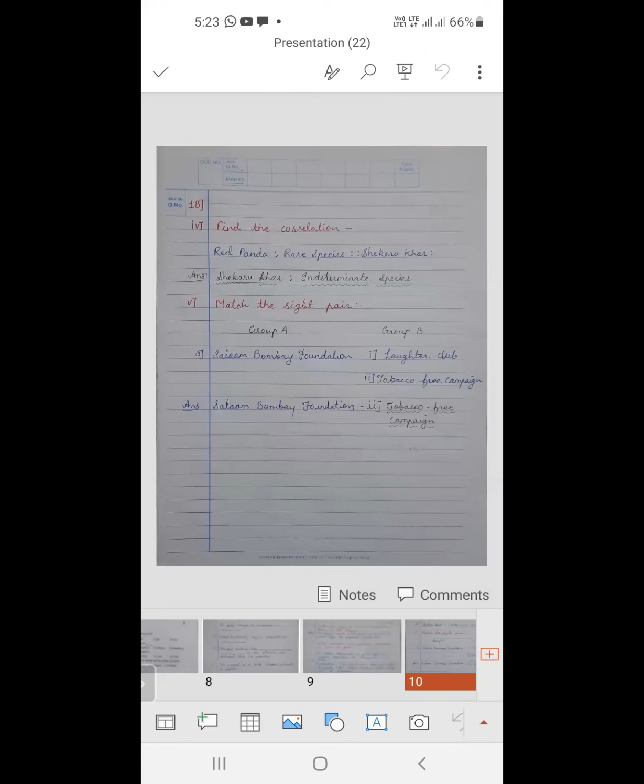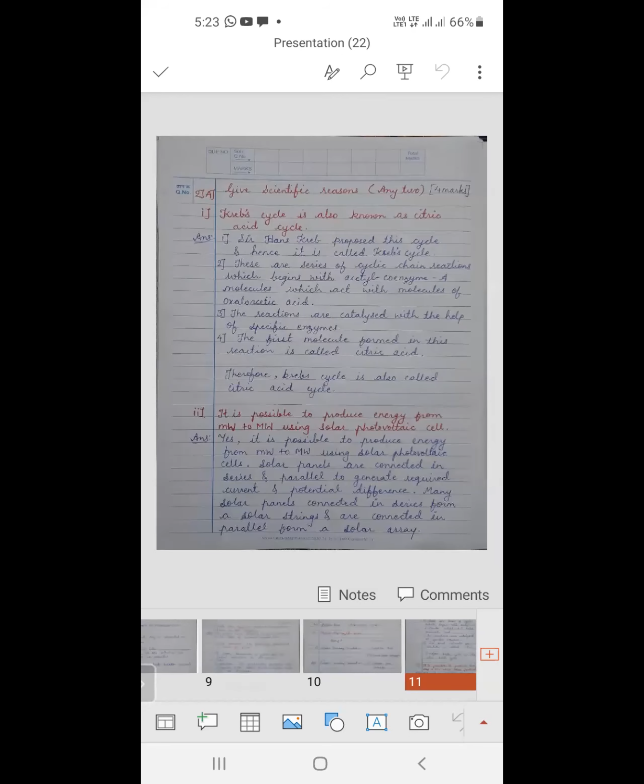You have to practice more for these MCQ type questions, so you can score more marks in MCQs.